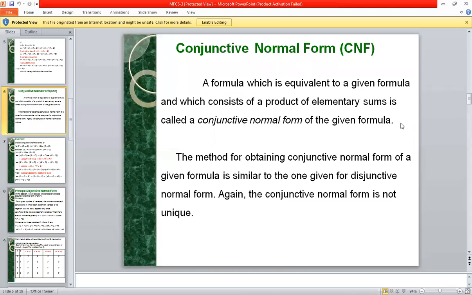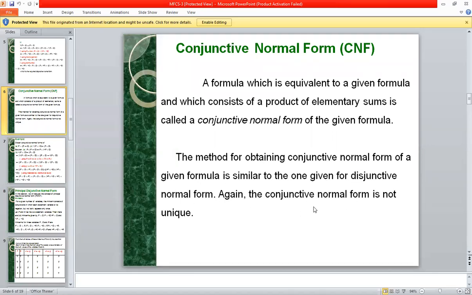The method for obtaining the conjunctive normal form of a given formula is similar to the one given for disjunctive normal form.